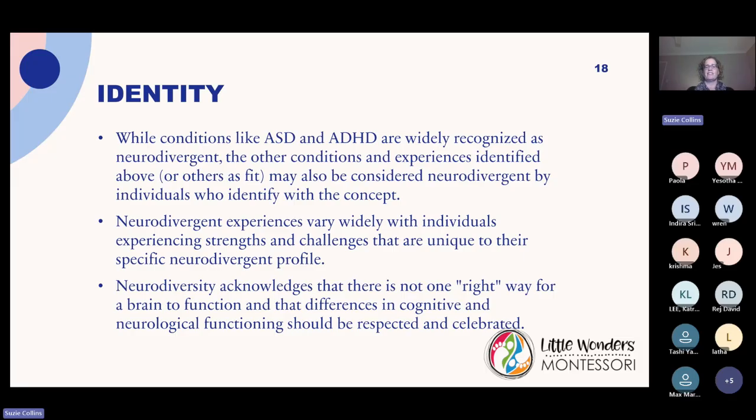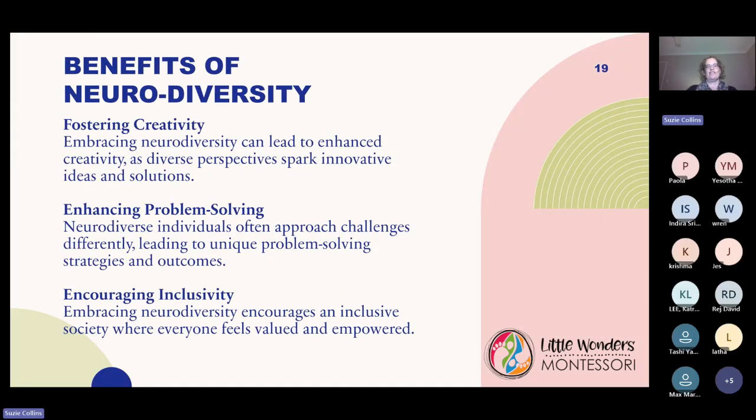It's not a deficit or a disorder. They're just different ways of functioning, which is a really lovely way to support any person who feels like they're different from other people. Yeah, and that's okay. So let's have a bit of a look at the benefits of neurodiversity.